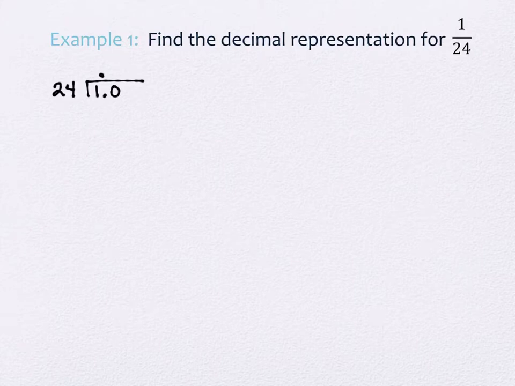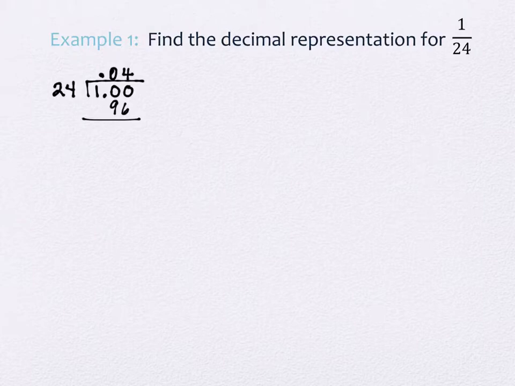If I think about that number as the number 10, it doesn't work either. It goes in 0 times, so I need another number after the decimal point, and I have the number 100 for the purposes of thinking about it, right? How many times will 24 go into 100? 4 is correct. What is 4 times 24? 96, very good.